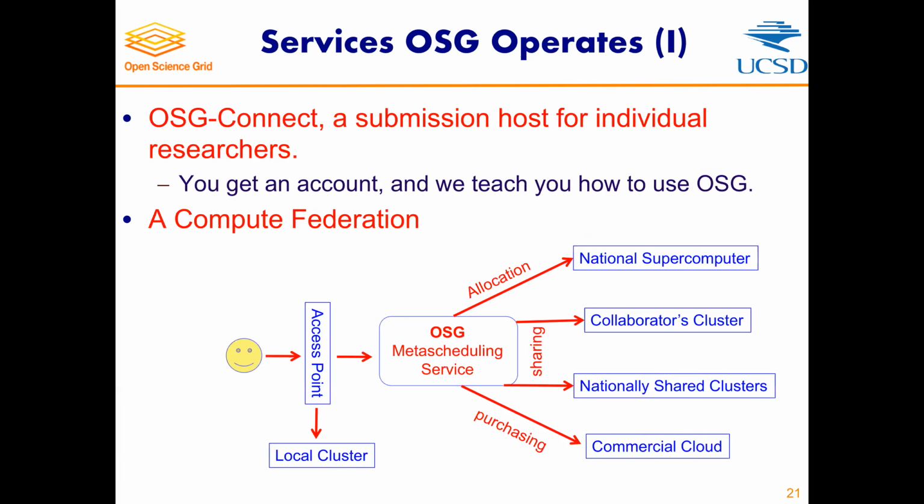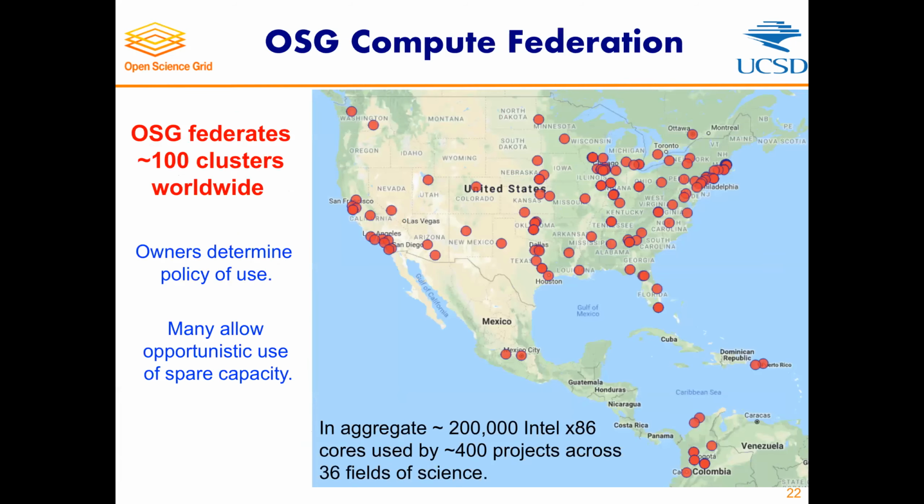And so for the Compute Federation that we have, OSG federates about 100 clusters worldwide. It's a little tricky to count because we integrate clusters of all kinds for all kinds of purposes. The dots that you see here are clusters that have deployed or are accessible via the OSG compute element.